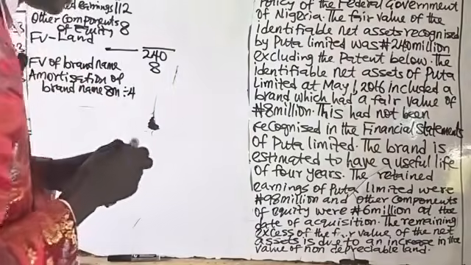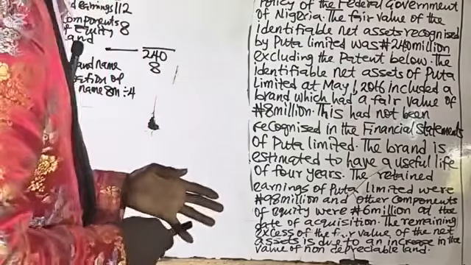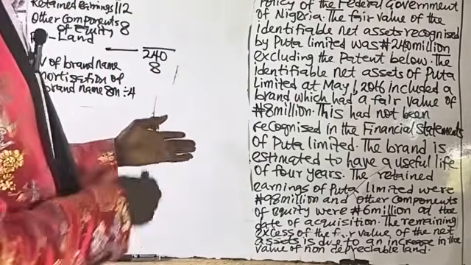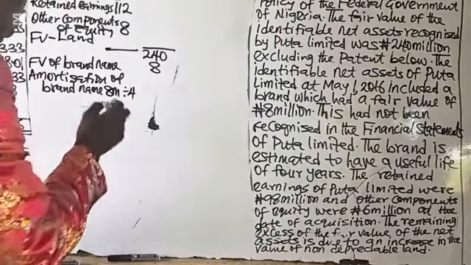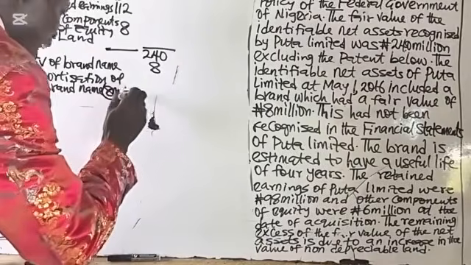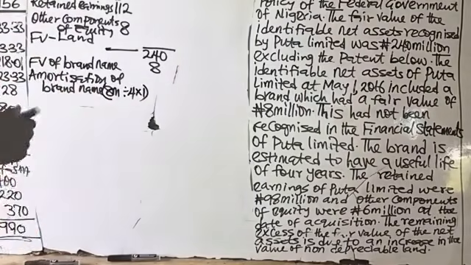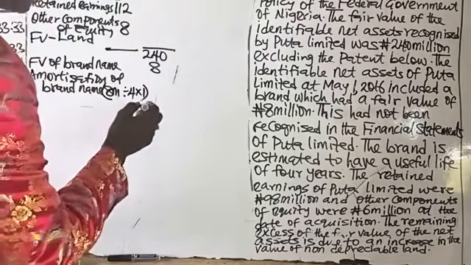Now, how many years from the date of acquisition? Acquisition is 1st of May 2016, and date of consolidation is April 30, 2017. If you count it, it will be exactly 12 months. So that means we have 1 year. So the subsequent amortization will be 1 year amortization. So 8 divided by 4 is 2, times 1, it will be 2.